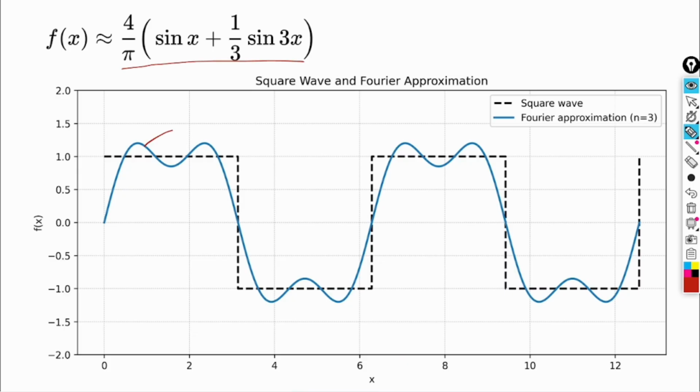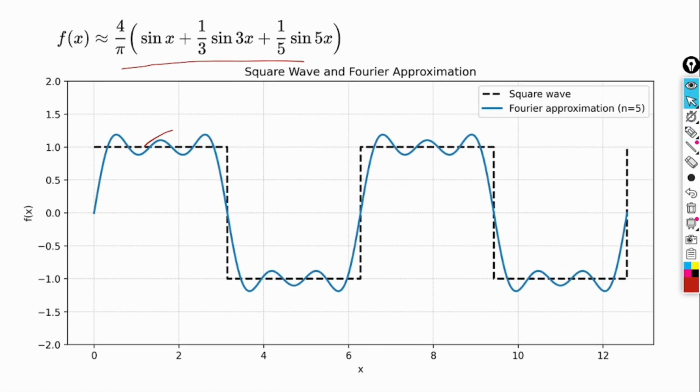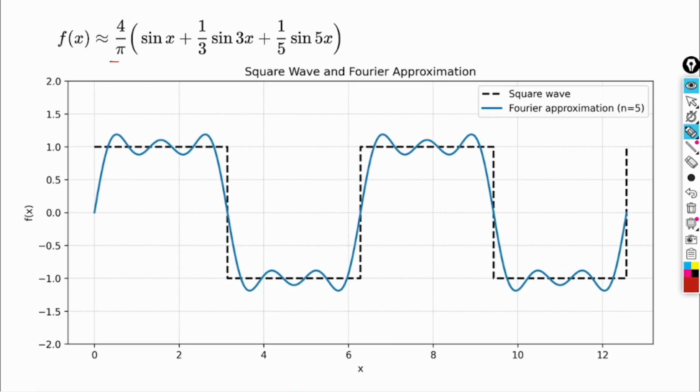Now we will add three terms. Let's see what will happen. For this graph I added three terms, and you can see this Fourier approximation is closer to the square wave as compared to when there were only two terms. Now we will add more terms.